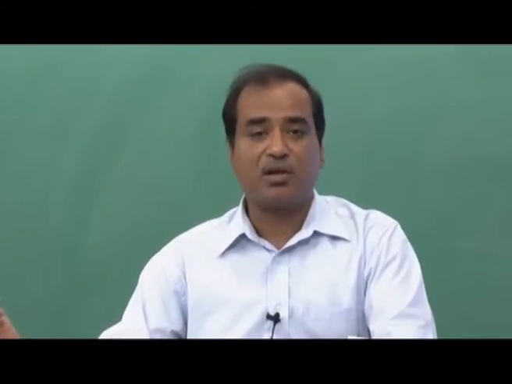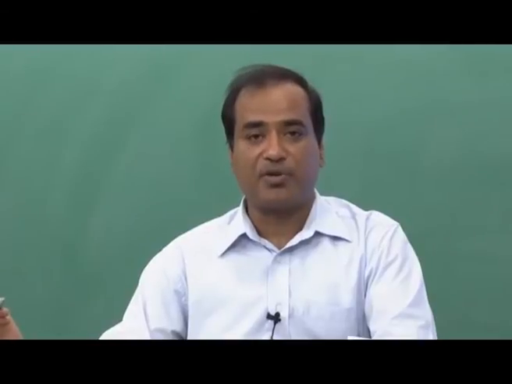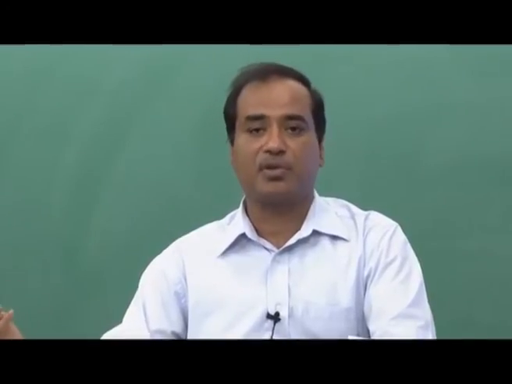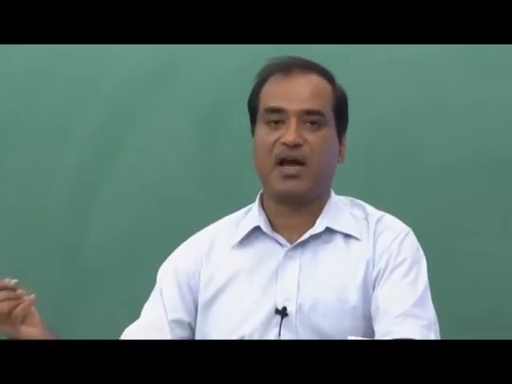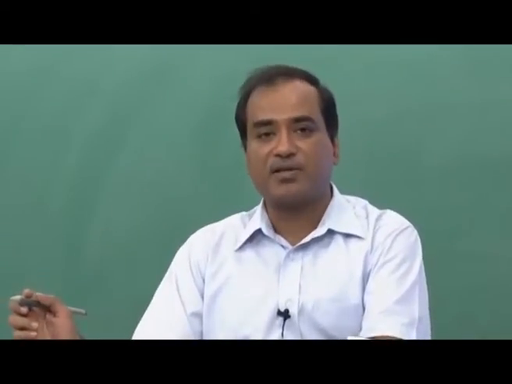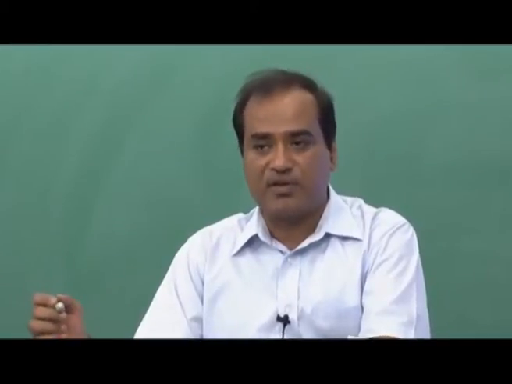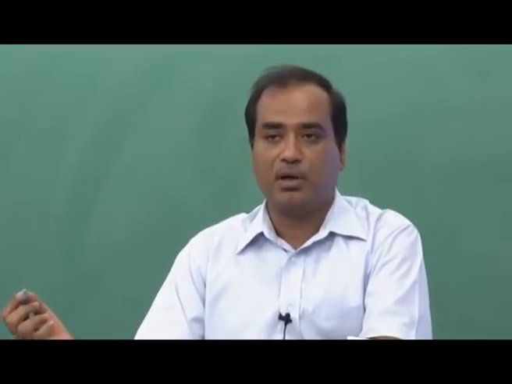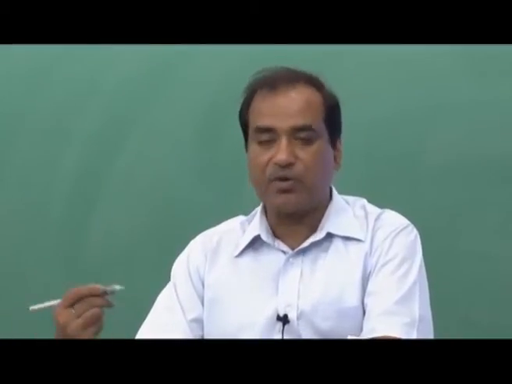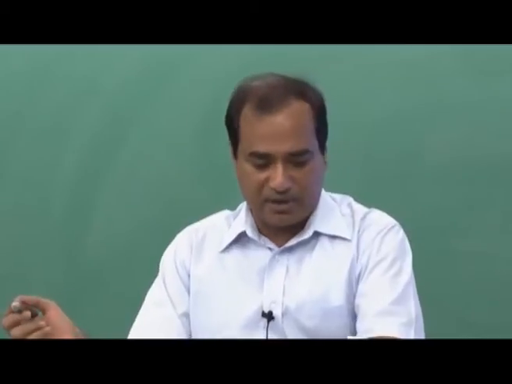The second aspect is that they are not part of your experiment, but somehow they appear in the data set. So our objective is to identify such unusual observations from the given set of data, and they may be good or they may be bad. So first we are going to discuss this aspect.